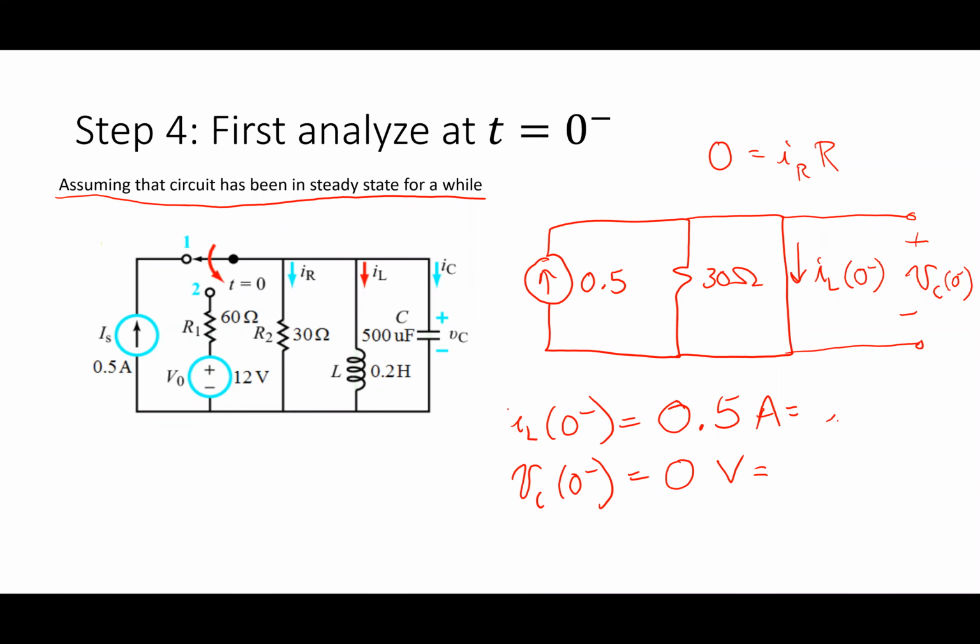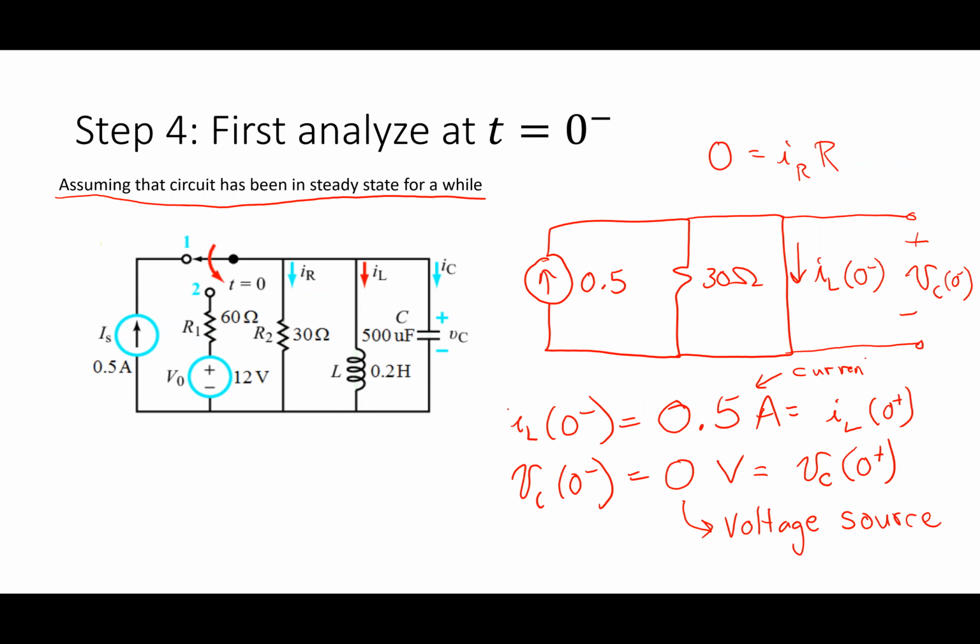It equals the 0.5, the exact values from 0 minus. And I'm going to turn this into a voltage source, which is effectively a short circuit because I have 0 volts. And this guy is basically going to become a current source.